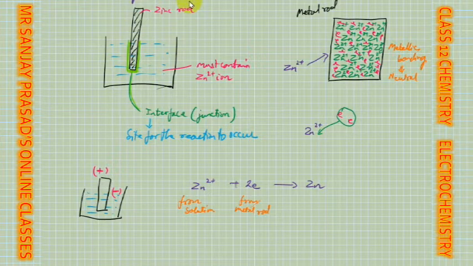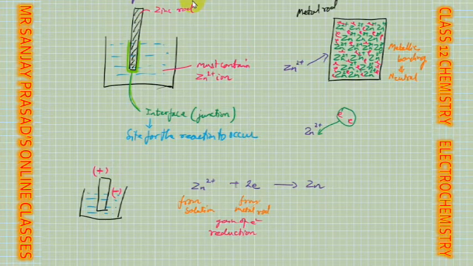If this reaction takes place, the reaction which I have written here, this is just one of the possibilities. Clear? This possibility is reduction, isn't it? Gain of electrons has taken place, which means it is reduction.